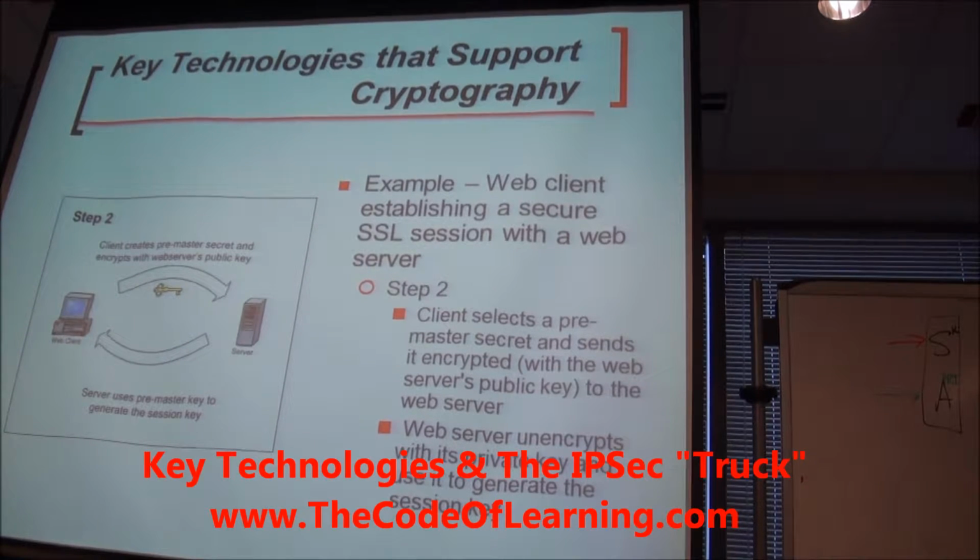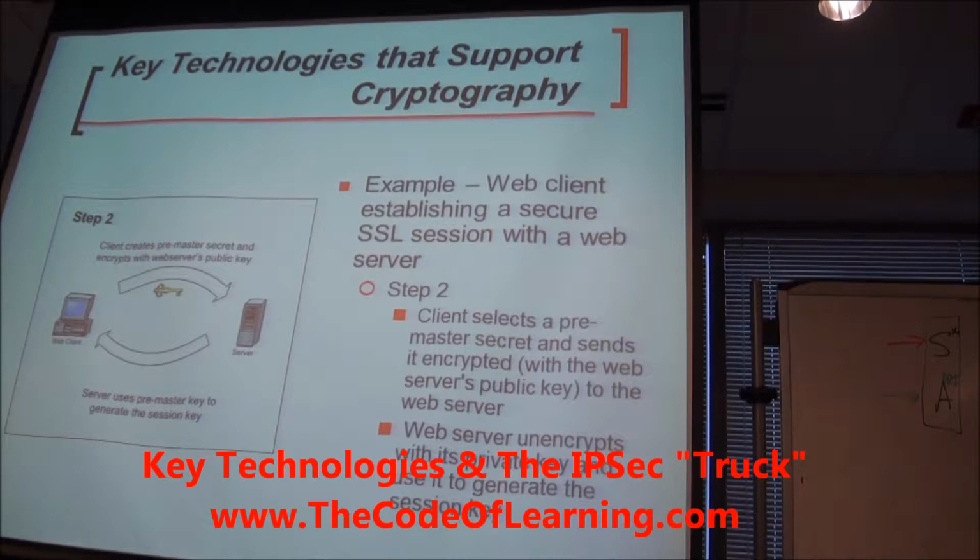The web server is going to decrypt it with the private key, and now you can get tied into a session key, because we've agreed on the symmetric algorithm we both use. So there's a couple pieces of that. One, I've got to choose the algorithm, and we've got to choose a key to get into that algorithm. And I'm going to send that to you. First, I'm going to send you my options, and then I'm going to send you the actual key.